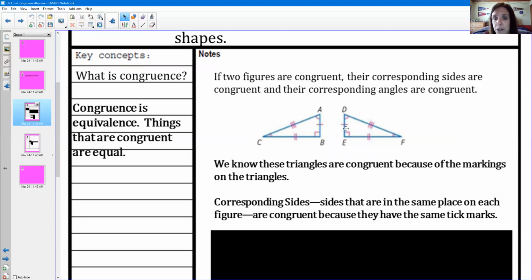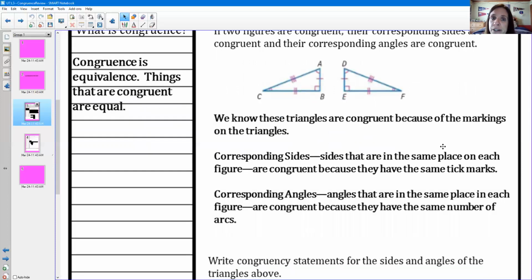They are congruent because they both have that one tick mark. Side AC, the hypotenuse of our right triangle, is congruent to side DF. We know that they're corresponding because they both have the 3 tick marks. And then side BC is congruent to side EF. That's the bottom leg of each right triangle, 2 tick marks.